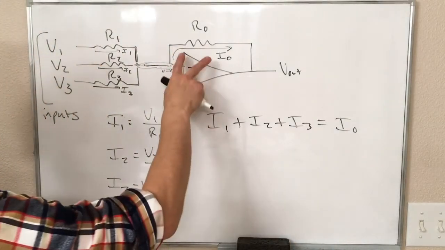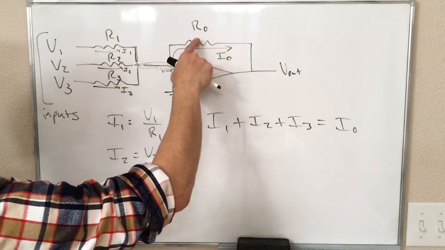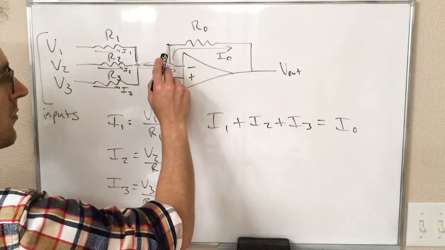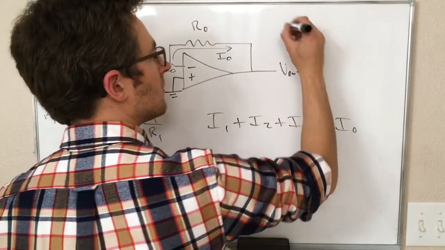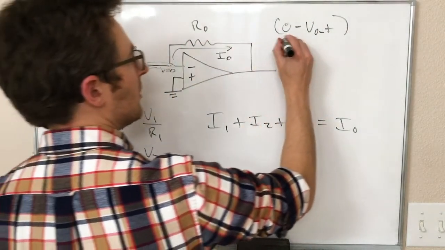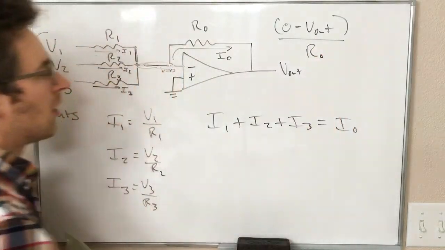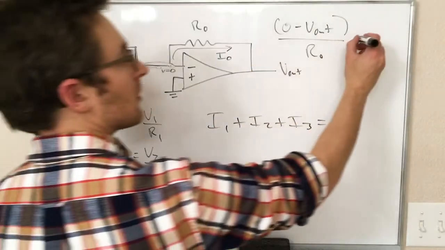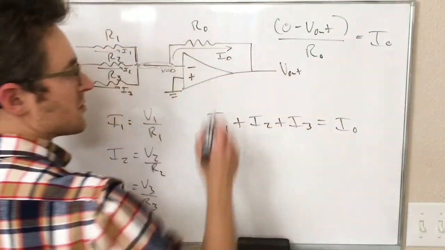And I0 we know in terms of this voltage and this resistance. That is 0 minus V out, the voltage difference across that resistor, over R0. V over R, this is our current I0 through this resistor.